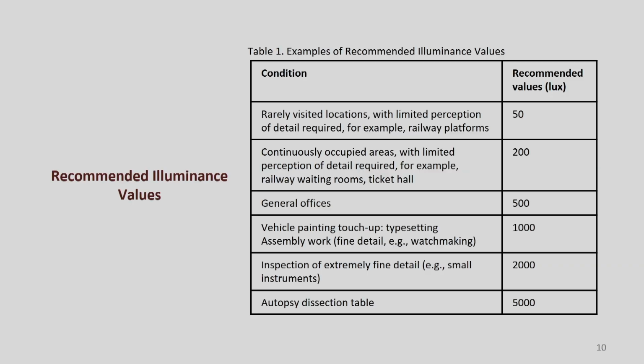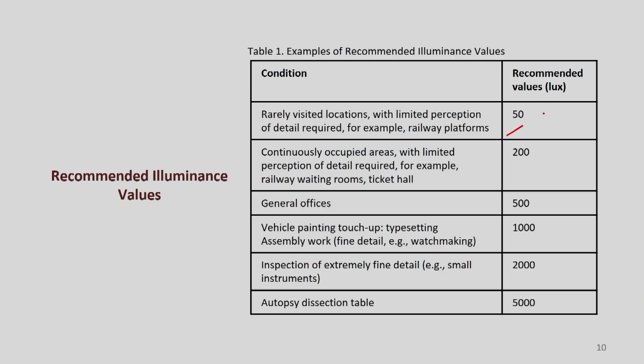So, there are broad guidelines. Here also I mentioned only 6-7 of them. So, if it is a place where people rarely visit, where there is no crucial activity, only walking, talking, maybe in those cases 50 lux is more than enough.